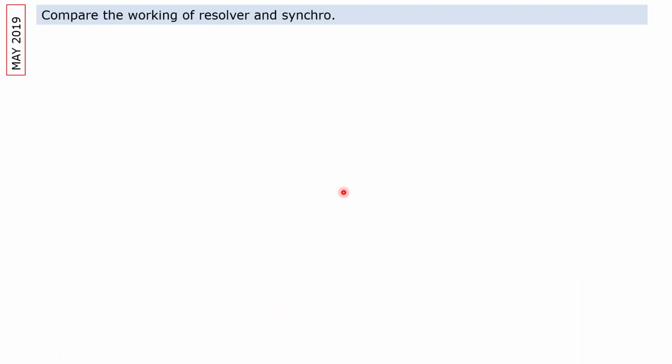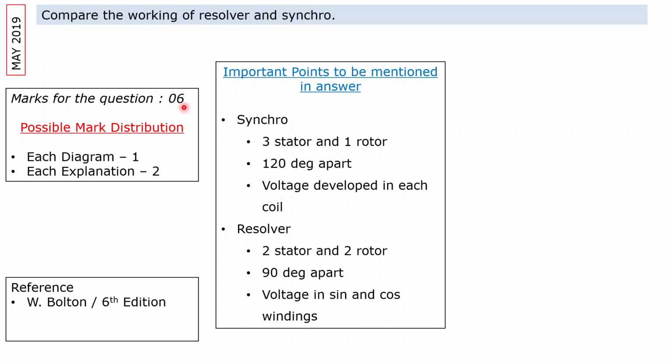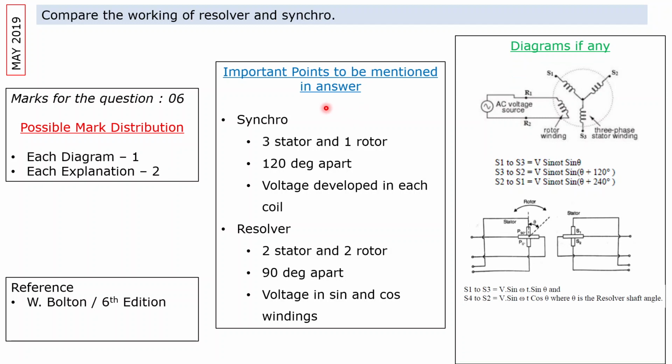Now the next one is: compare the working of resolver and synchro. The question carries 6 marks. For each one, resolver and synchro, each diagram carries 1 mark and the explanation carries 2 marks. The important points to mention in this answer: if you are taking the synchro, you need to mention that there are 3 stator windings and 1 rotor winding, and the stator windings are 120 degrees apart.